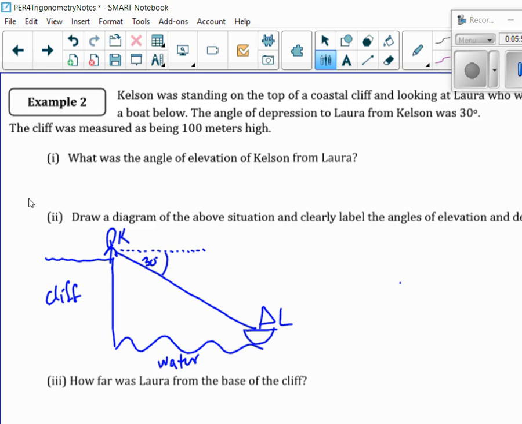And it says the cliff is 100 meters high. So this is 100 meters. Yes? Okay, so if I were to continue this horizontal across and vertical down, do you see we have two triangles that are the same? Yes?